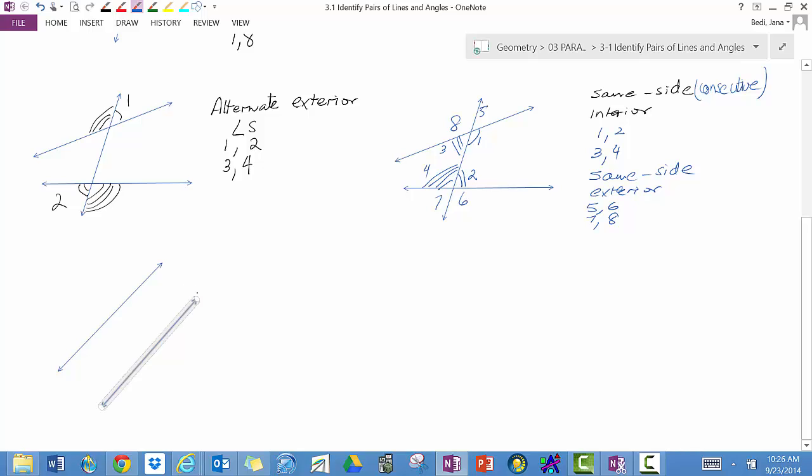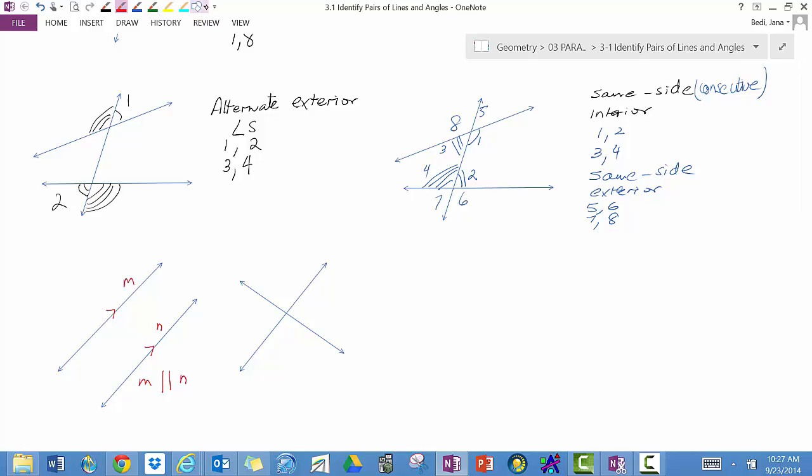Now you cannot assume they are parallel unless you have these arrows on them, which now states that these two lines are parallel, and the way you show that is M is parallel to N. You may have intersecting lines. So these two lines are intersecting lines, but there's nothing here to indicate that they are intersecting at right angles.